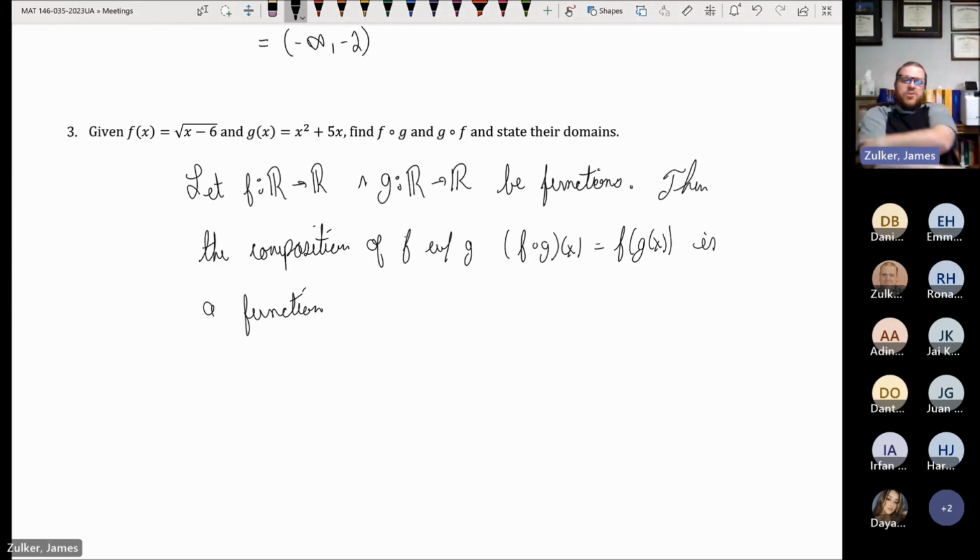So you have two functions, f and g. Their composition, f composite with g, is defined as f of g of x. This is a function.